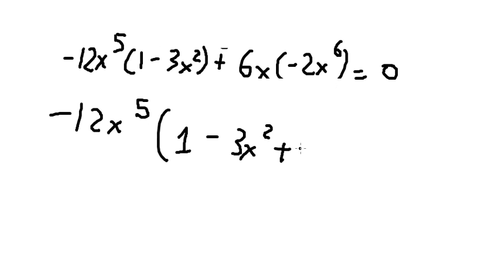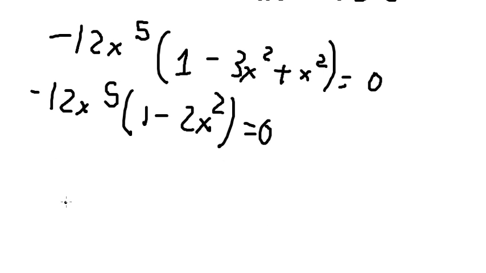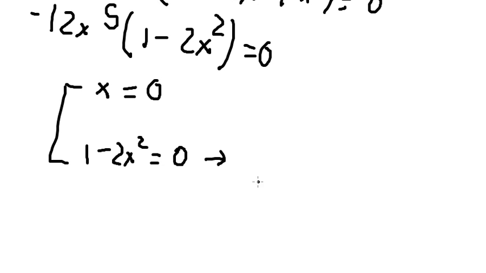So we have s squared in here. So this one we have s equals number 0 and 1 minus 2s squared equals number 0. So this one we can find s squared, that is 1 over number 2. So we put the square root for both sides.